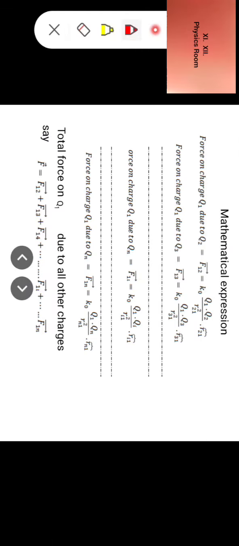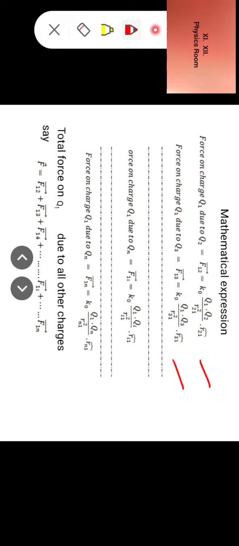Now we write the expression separately. Force on Q1 due to Q2, say F12, is equal to K naught Q1 Q2 divided by R21 square into R21 unit vector. Similarly, force on Q1 due to Q3 is F13 equal to K naught Q1 Q3 divided by R31 square into R31 cap.